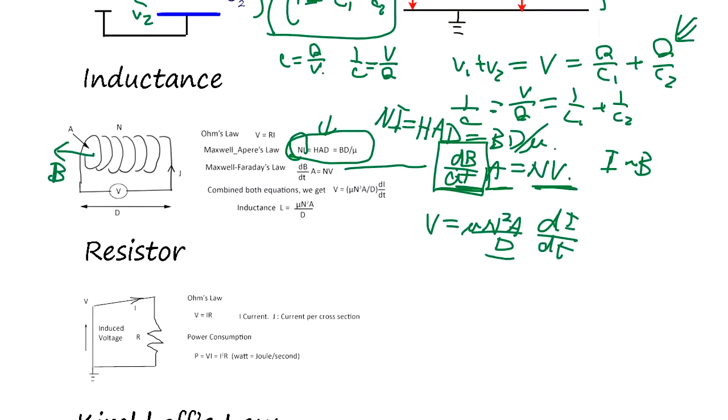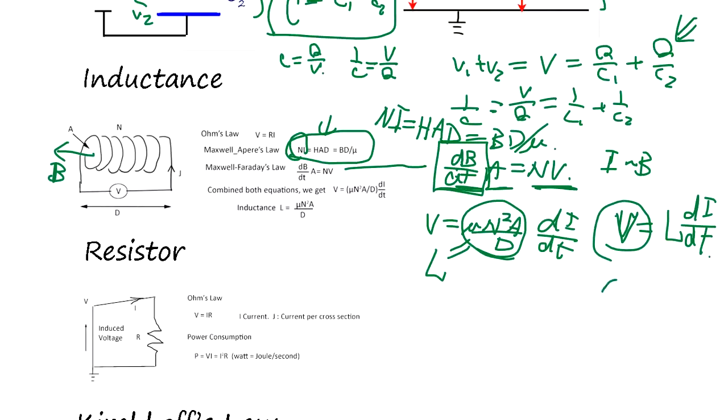Okay, so this is the definition of inductance, L. So V equals L di/dt. So whatever the current, alternating current, you take a time derivative times L, it's going to be the voltage across this inductance. Okay, so that's the definition of L.